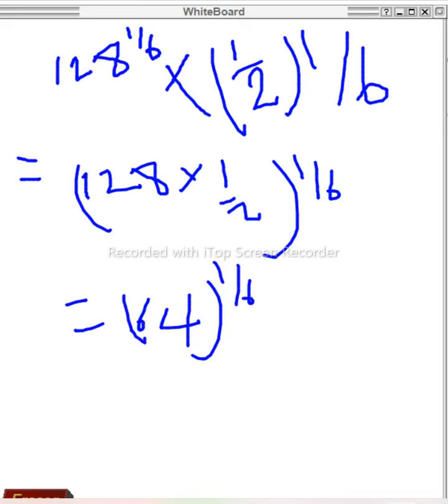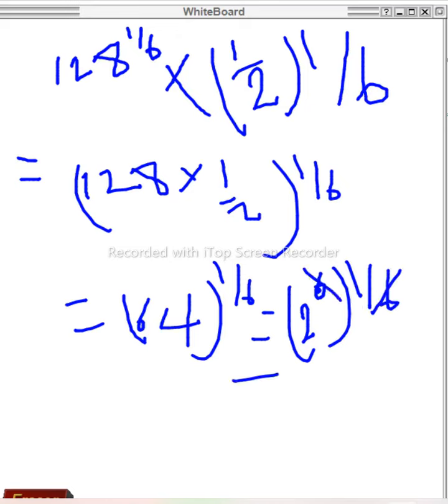As we know, 64 is 2 to the power of 6, so the whole thing to the power of 1 over 6. The 6 is cancelled by 6, and we get that 2 is the final answer for this question.